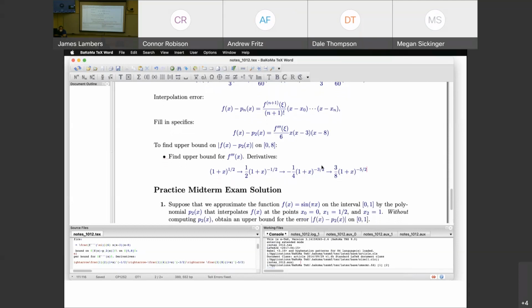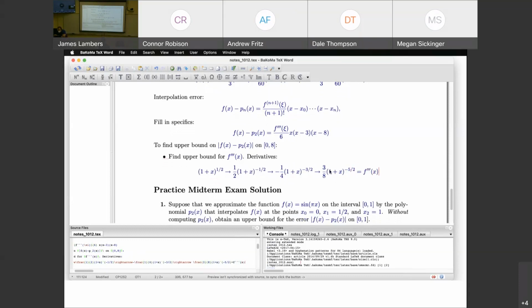Now, I will give you guys a little flexibility here. I'm not going to require the absolute sharpest upper bound you can get. So here's one thing you could do: since this is the third derivative, this is what I want an actual bound on. This is f triple prime of x.